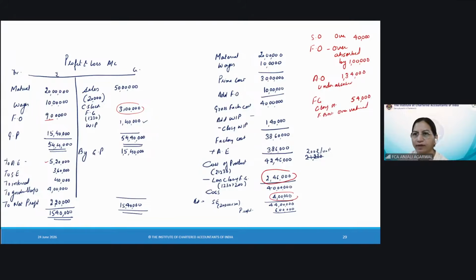Financial factory overheads are over absorbed by 1 lakh. Administrative overheads are under absorbed by 134. The value of finished goods is overvalued in financial books by 54,000. Opening stocks are not there. WIP is not a problem. Same. Apart from that, purely financial expenses items are these two, 440.